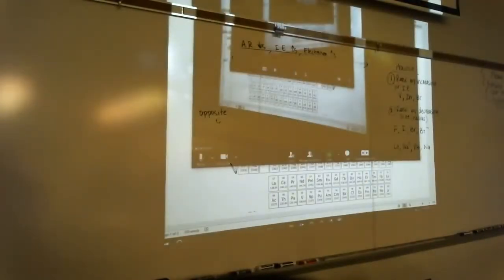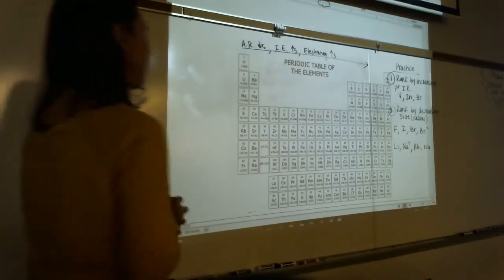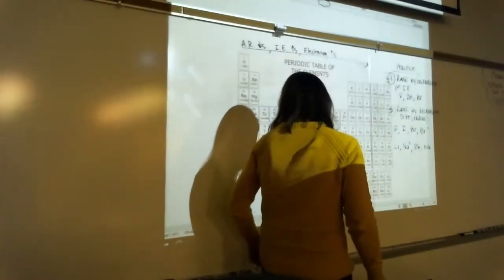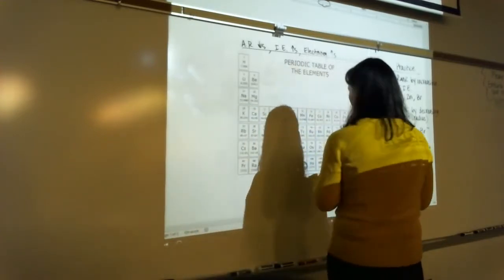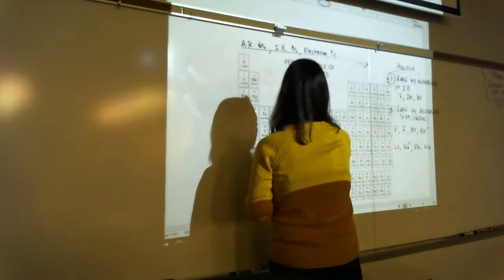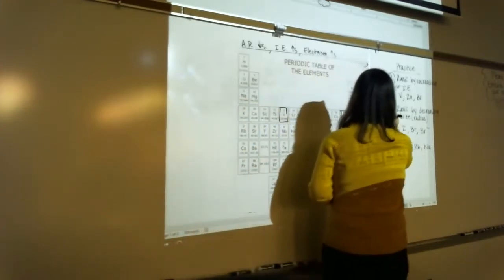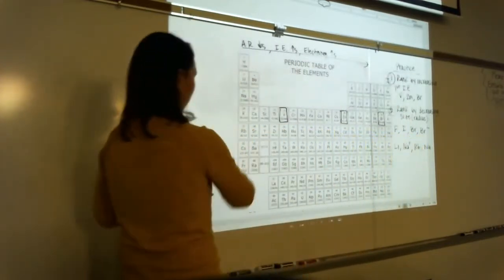All right, let's go over the answers to these. So we're going to do these first: rank by increasing first ionization energy. All right, so we're looking at vanadium and zinc and bromine. So what's the trend about ionization energy going left to right?